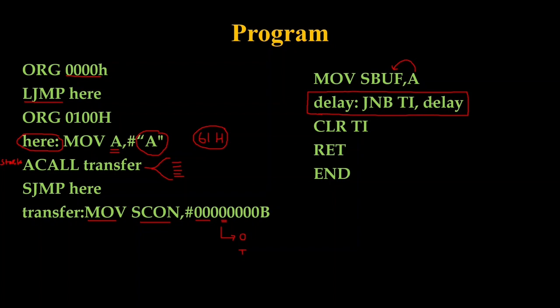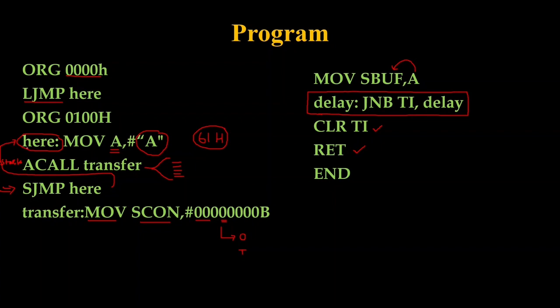When the transmission of A is completed, the TI bit can be cleared, and after that the interrupt service routine returns. The return is going to move here, where it says SJMP here, which jumps back, so that you print A again and again, right?